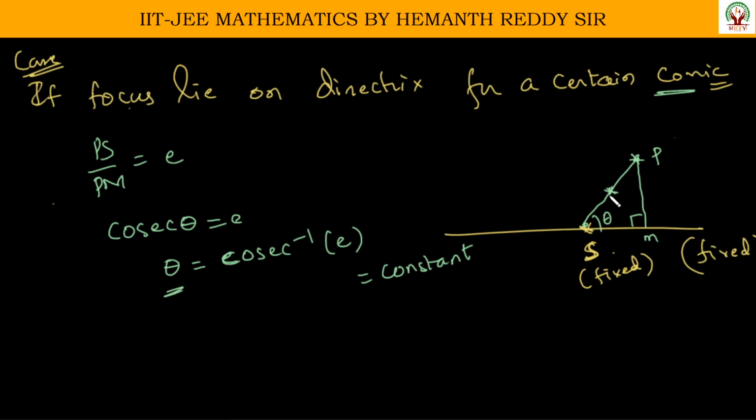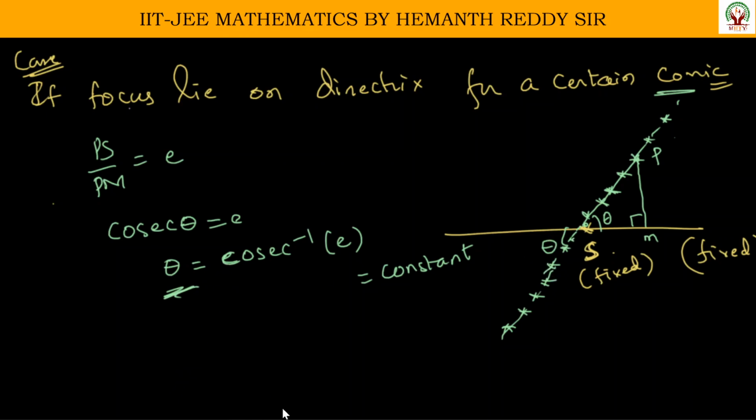So P can be here, P can be here, all along this line. So obviously this angle will be constant in that case. Let's say this is theta. It can be here, here, here. All such makes an angle of theta.